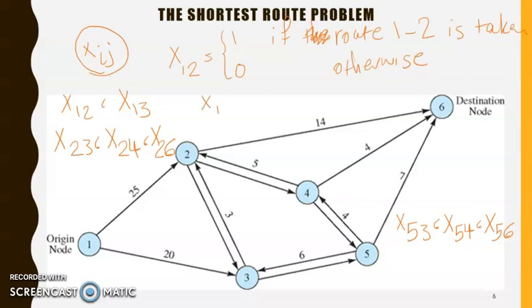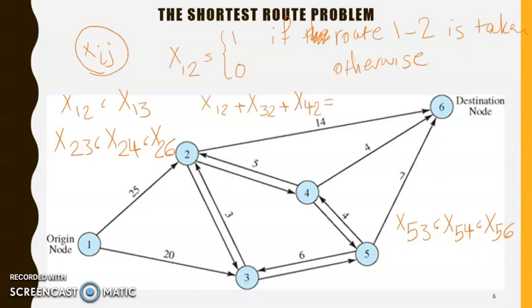We have x12, as you can see, my friends, plus x32 because we want to write first the inflow constraint, and also we have x42.